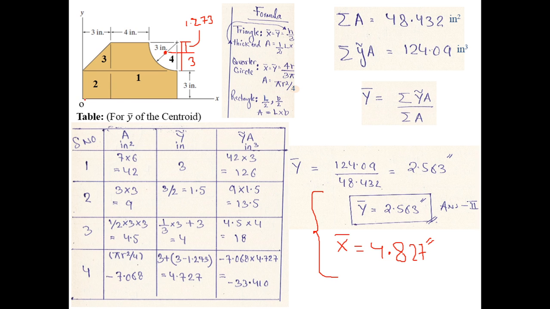In the x it is 4.827 inches, and in the y it is 2.563. So this is 3 inches. So this must be somewhere here, 2.563, and this is 4.827. So this is the centroid of this composite area.